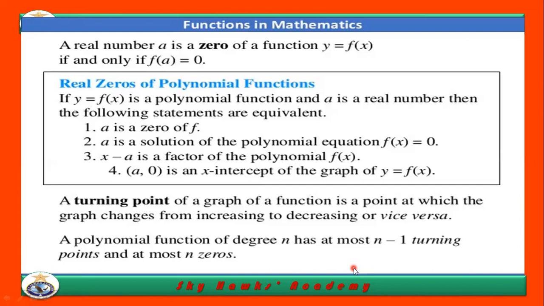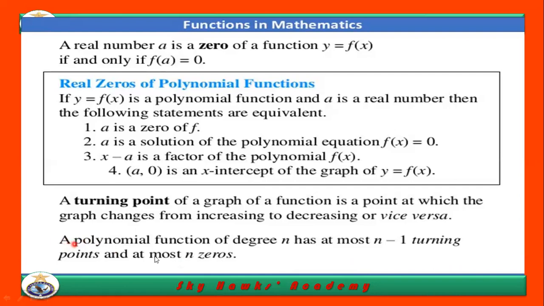Because the number of turning points is defined as n minus 1, when the degree is 1, 1 minus 1 is 0. Look at the last line and read it.